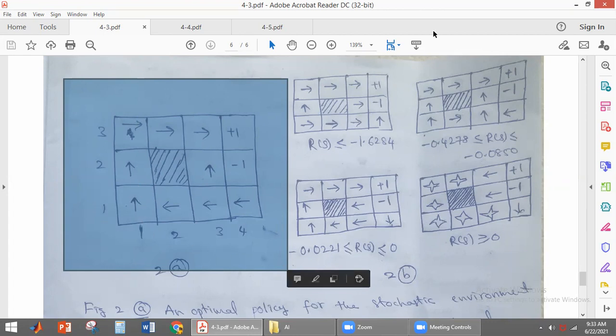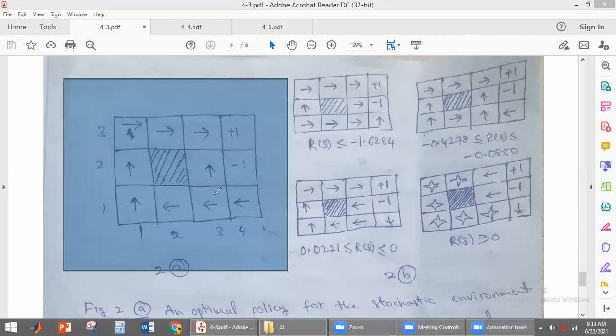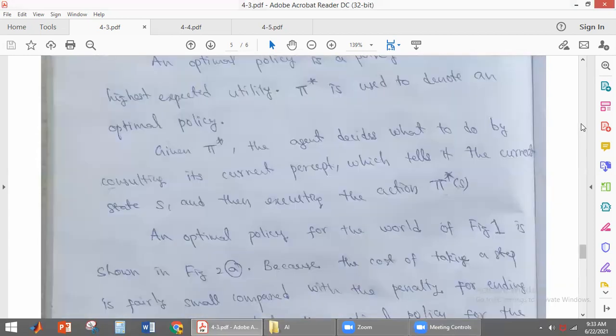If the agent is here, it can take this direction, which is the safest direction to reach +1. Otherwise, it can also take this direction to reach +1. So this figure gives us the optimal policy.